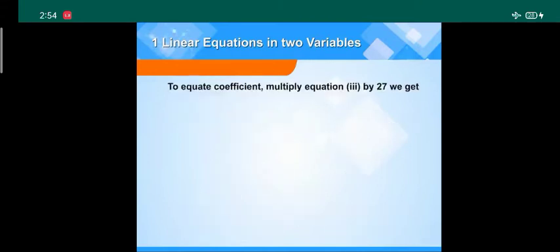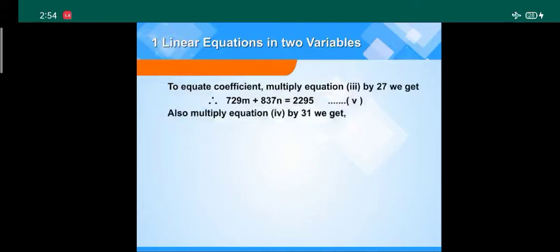To equate coefficients, multiply equation number 3 by 27. We get 729m plus 837n is equal to 2295. This is equation number 5.